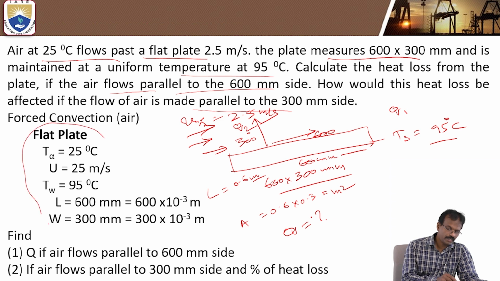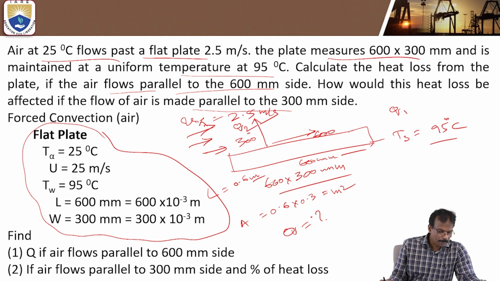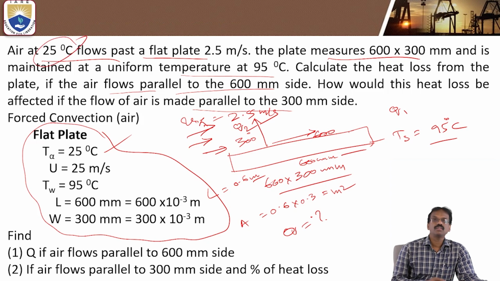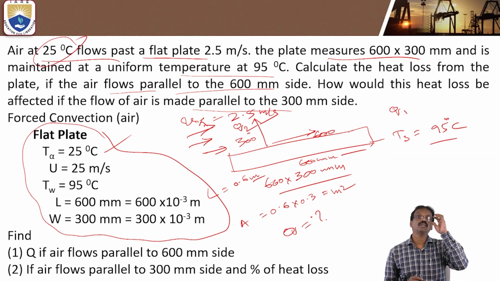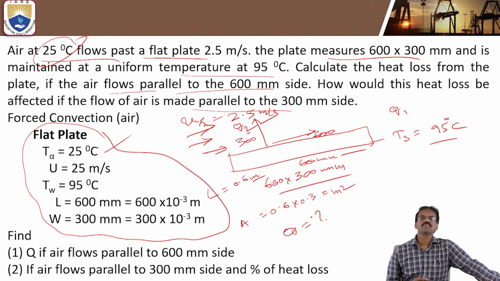These are the given data, you can understand which parameters have been given. First, the air temperature: atmospheric or dry air temperature is equal to 25 degrees Celsius. Then velocity is equal to 2.5 meters per second.